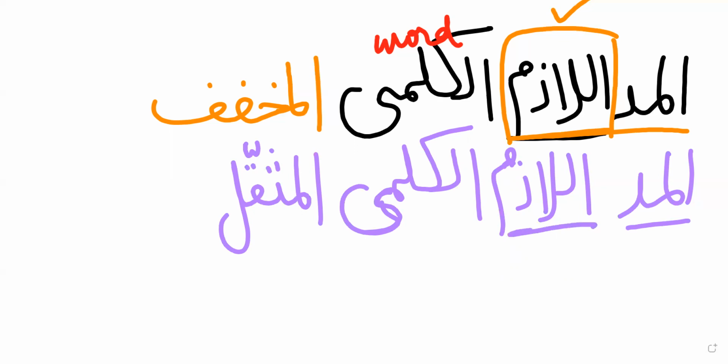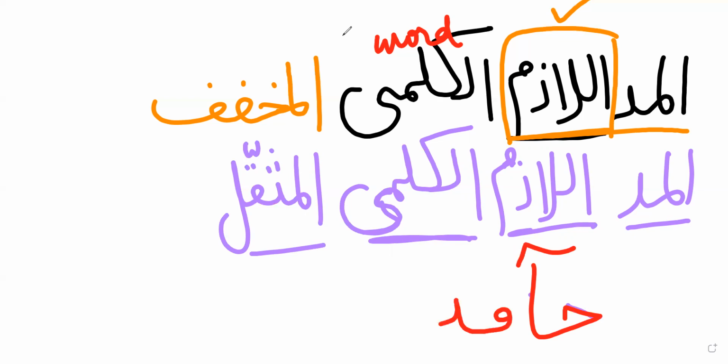Lazim means that you will see a sukoon, like a sukoon would be integral part, and the bestie couple and the sukoon are going to be part of the same word. Muthakkal means that the letter which has a sukoon is going to be merged with the next letter. So I've already given you the example. Ha, qah.